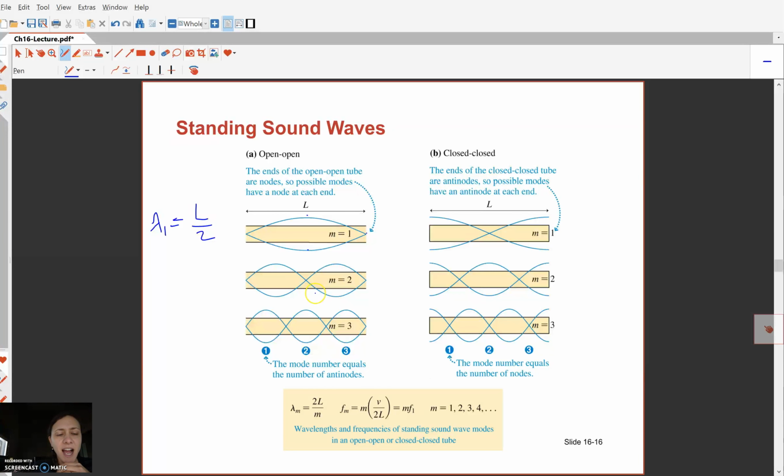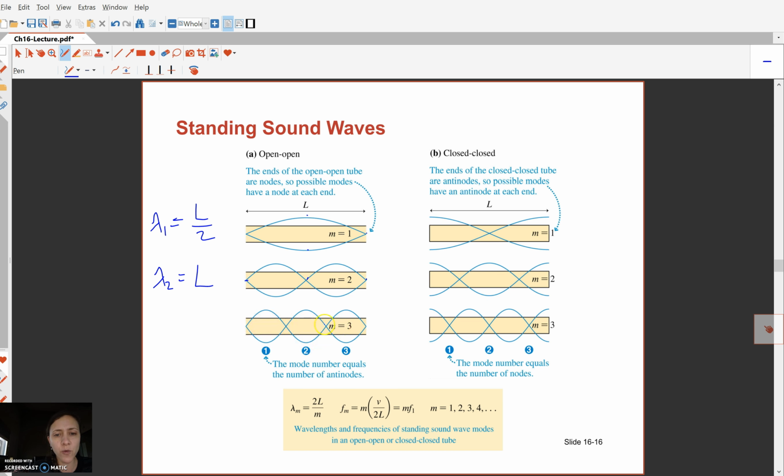If I go to the next mode up, I'm required to have both ends be a node, and I can stick one more node in the middle, and now I see the wavelength here is equal to exactly the length of my tube. And I can continue this to the next highest mode.